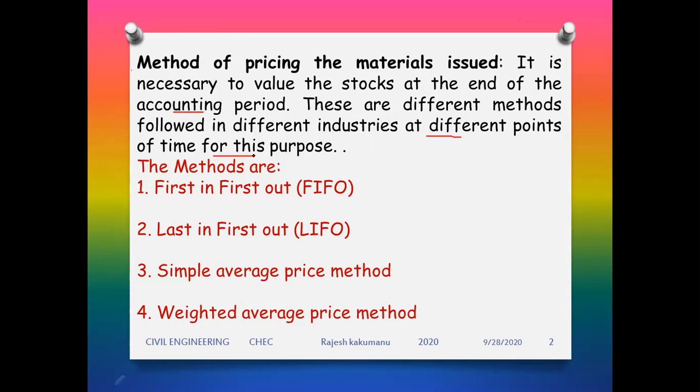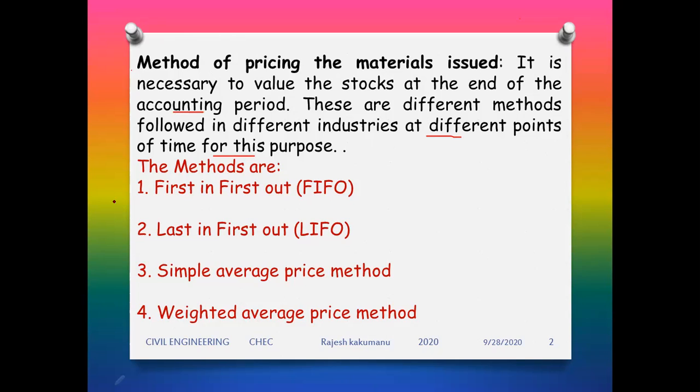In every organization, every country follows different sorts of methods for the accounting of the stock. Each company and each industry, whether small scale, medium scale, or large scale, whether job shop production, batch production, or mass production, has different independent pricing methods for the stocks according to the period.